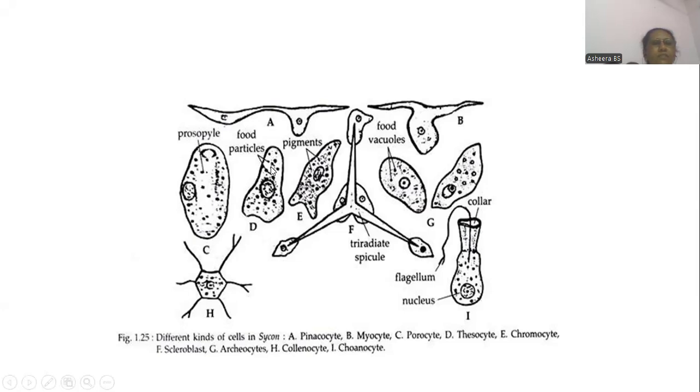Then this is the thesocyte, this is the choanocyte, and this is the scleroblast cell. And this is the archaeocyte. This is the collencyte. And this is the choanocyte, the choanocyte with the flagellum. So these are the cells found in the Sycon.